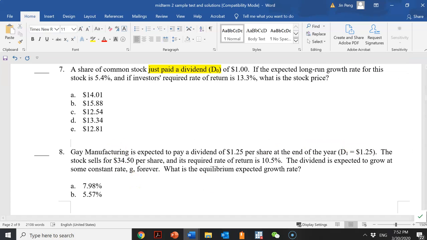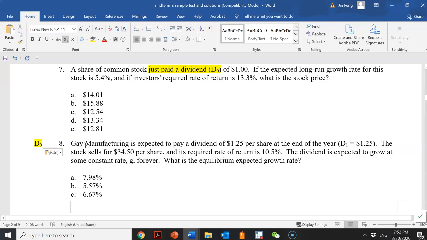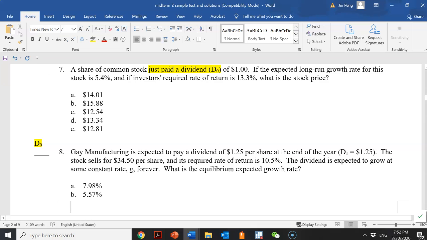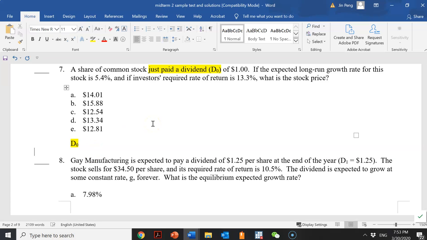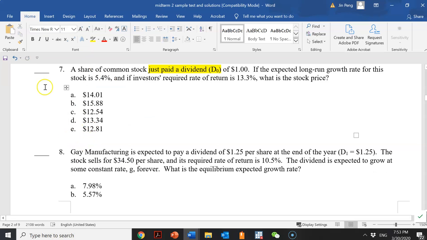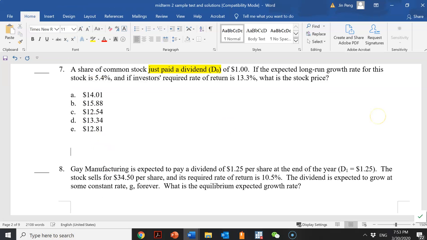Here, let me list the conditions first. D0 equals $1.